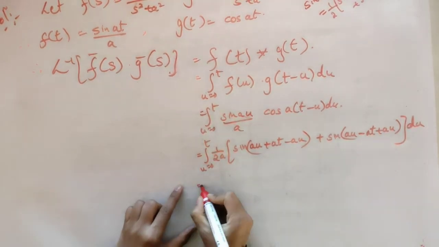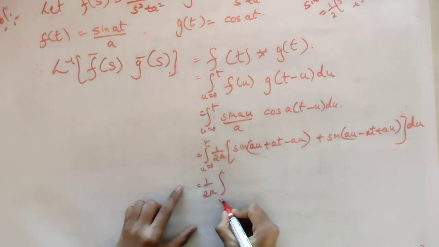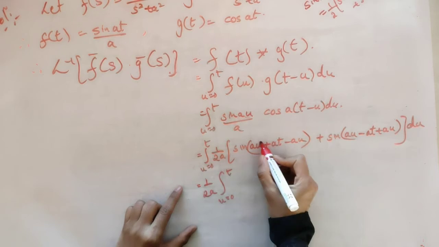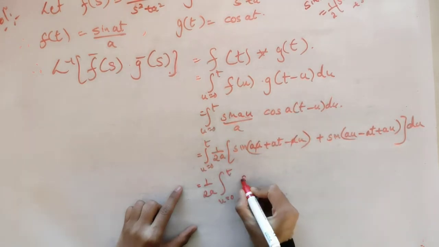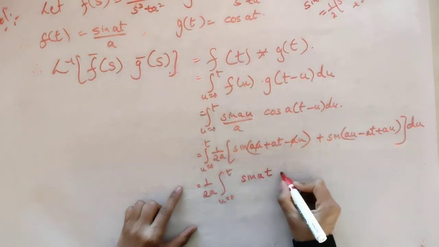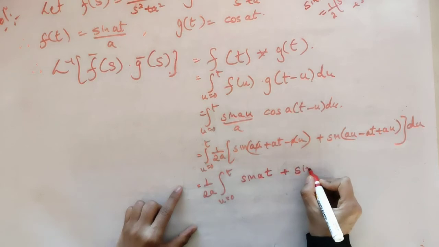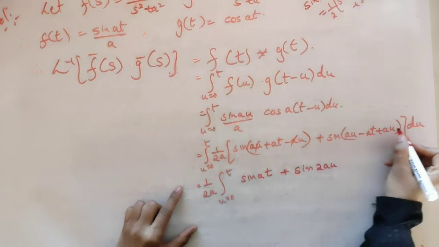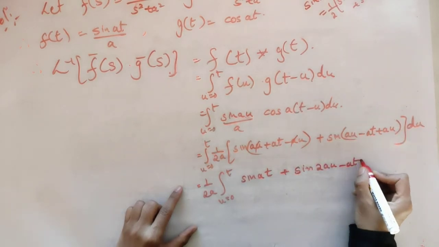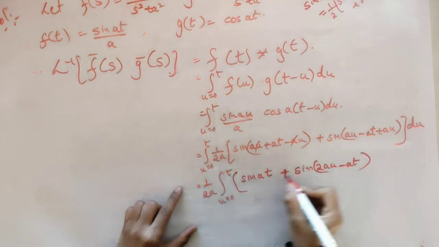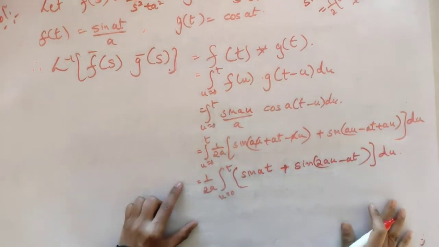Now 1 by 2a, take it outside, integration u going from 0 to t. Now you can simplify this as au getting cancelled. You have sine of at plus sine of 2au minus at. Take a square bracket and complete it as du up to here.